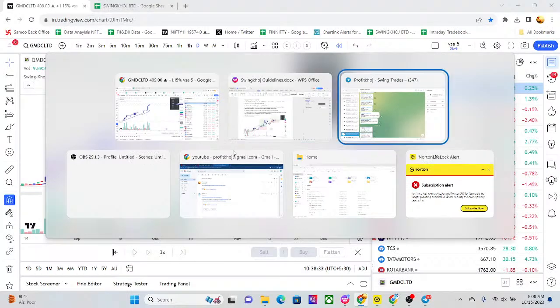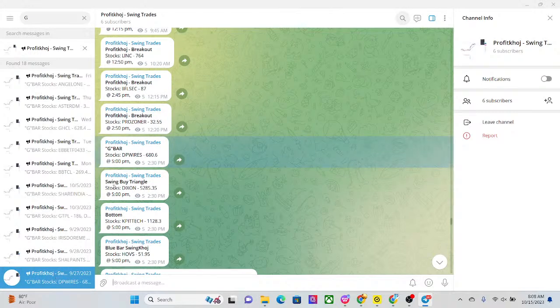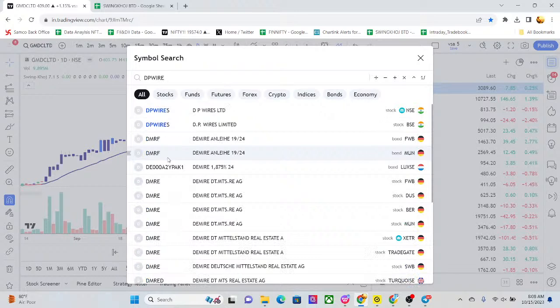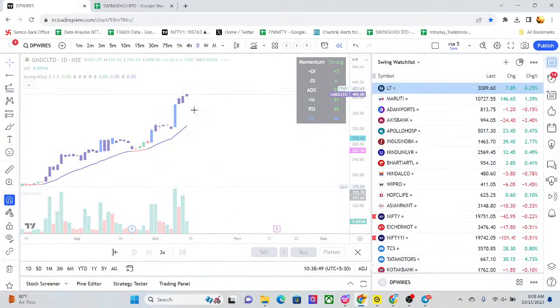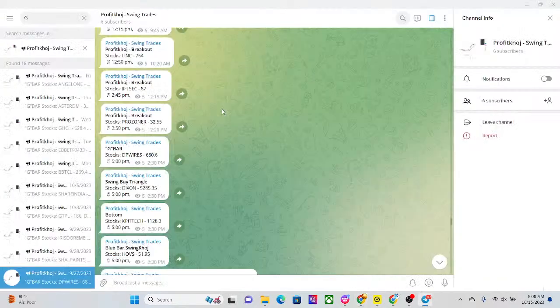Okay, so let's take some other examples also of G bar. Let's take here DP Wires 680. So this is the G bar, but we did not get entry. Let's take some other.